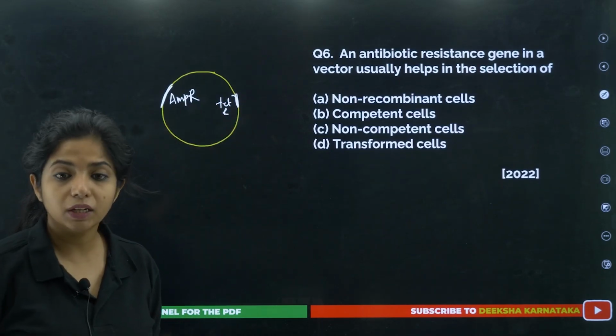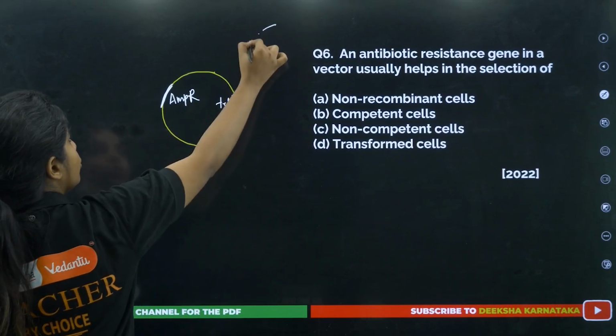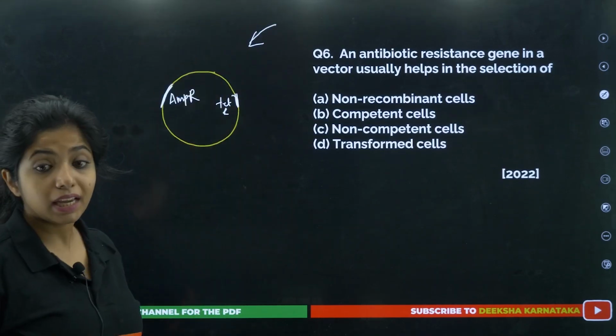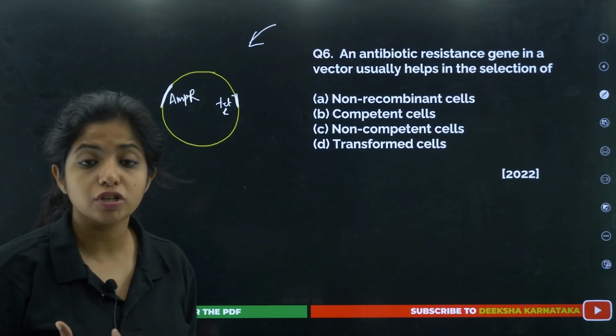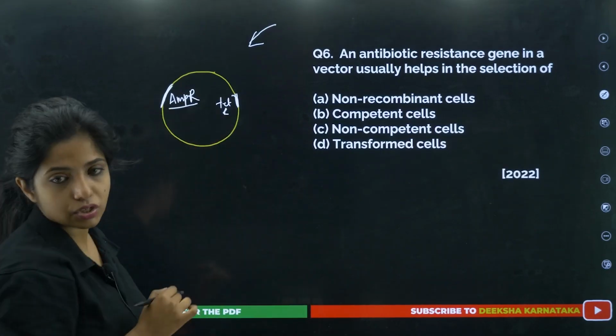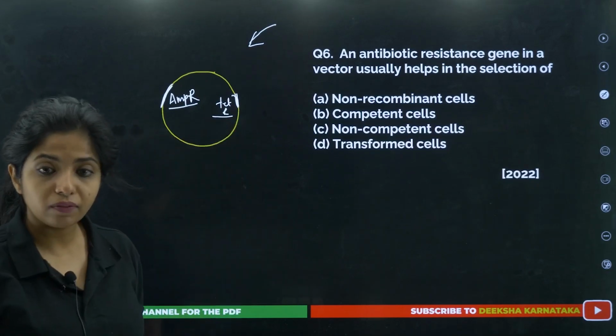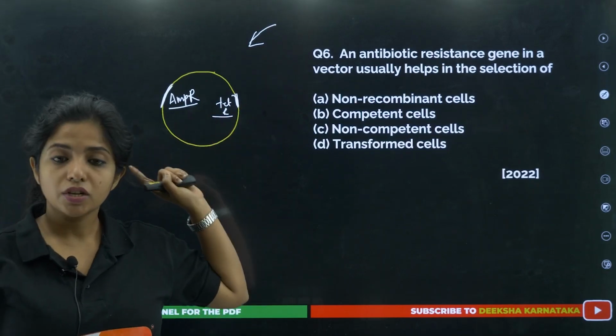So basically, what do I mean by antibiotic resistant gene? When I am trying to grow this particular bacteria in a medium that has ampicillin, which is an antibiotic, it will still grow because it has the ampicillin resistant gene. If I am growing it in tetracycline medium, it will still grow because it has the tetracycline resistant gene.